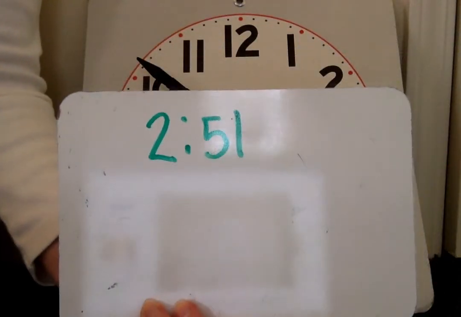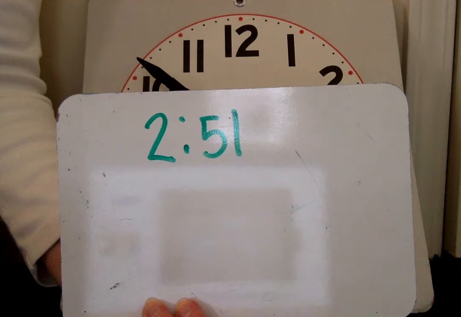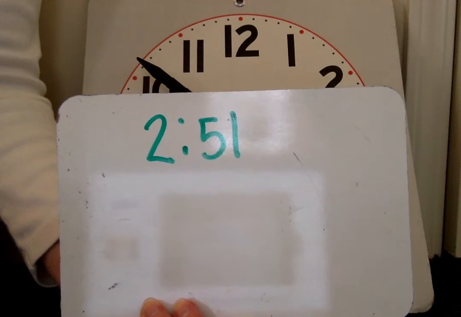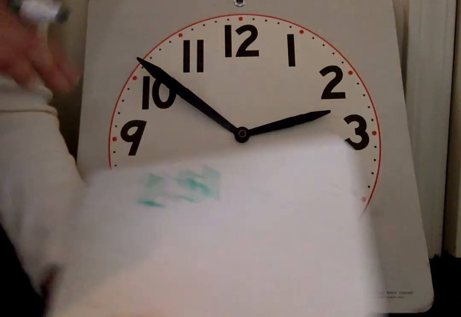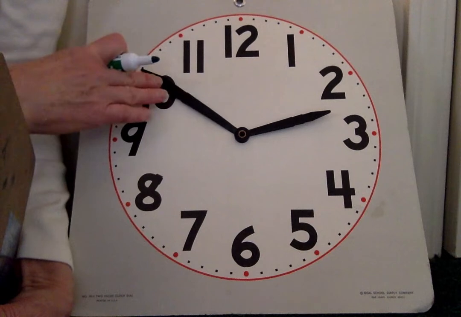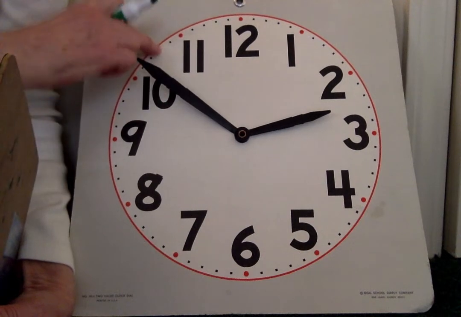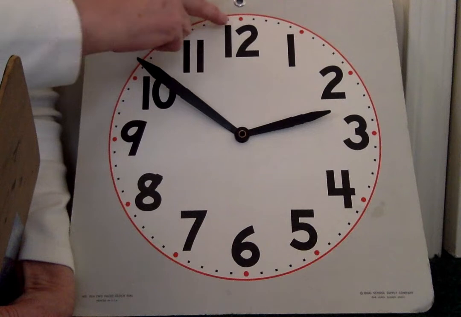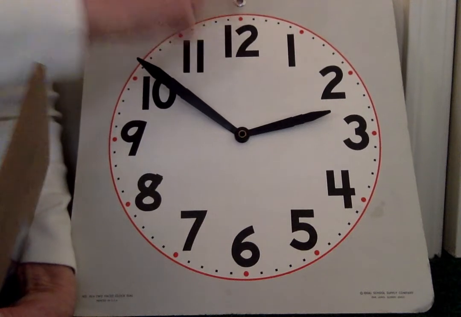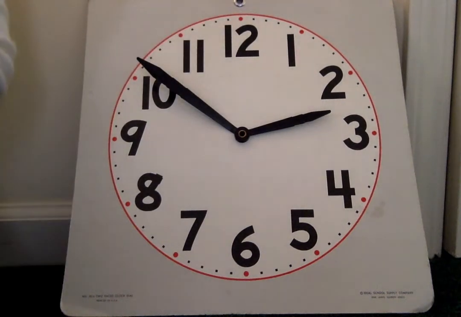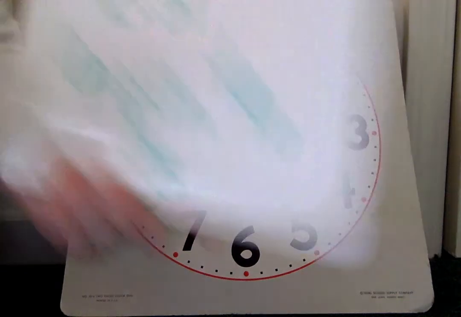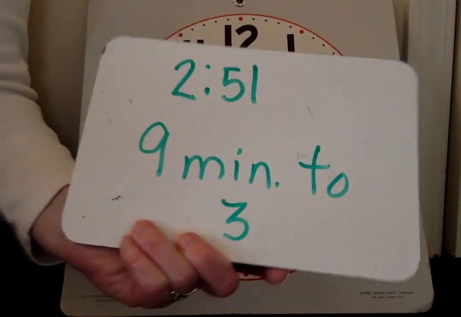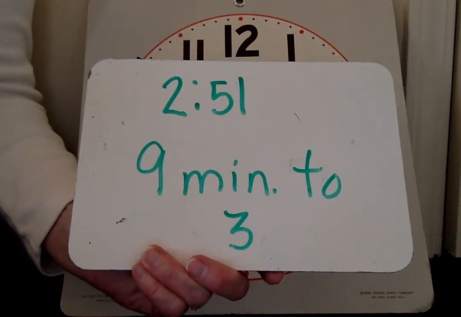Now that is so close to 3. How many minutes until we get to 3? Let's see, here we are. 1, 2, 3, 4, 5, 6, 7, 8, 9 minutes to 3. 9 minutes to 3. Or before 3. 9 minutes before 3.